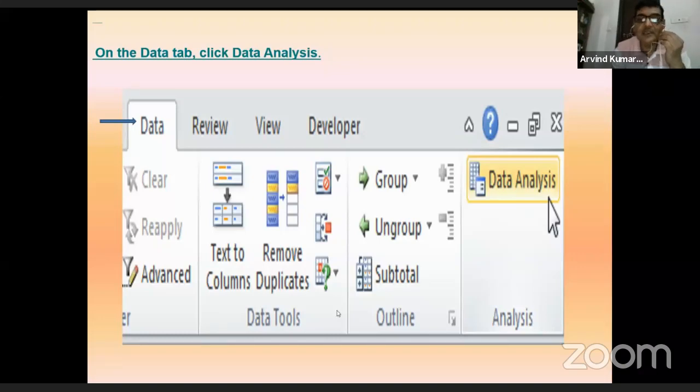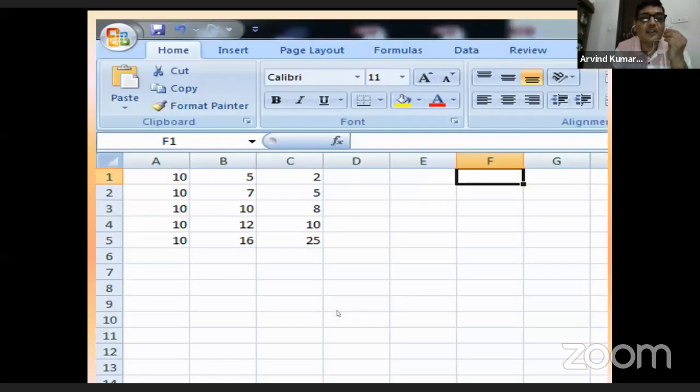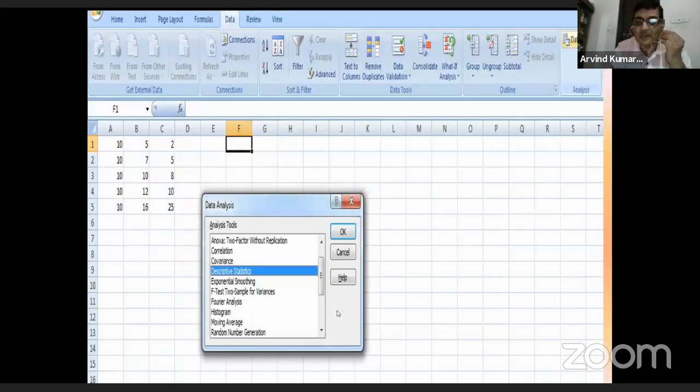When you click this, then as I told you, you have already put these values and clicked on Data Analysis. This box has appeared. In this box, I have put certain values in 3 columns, A, B, C. These are the values. And I'm going to show you how descriptive statistics will be done.